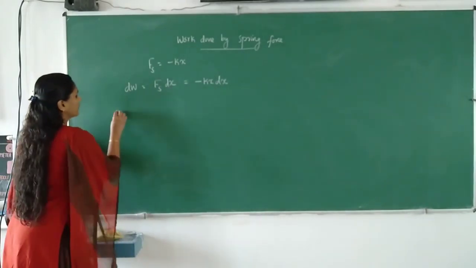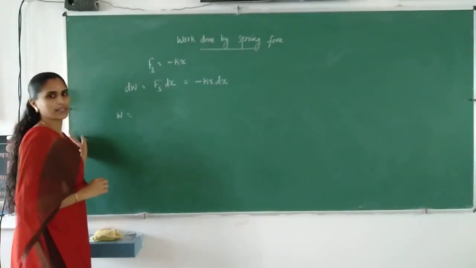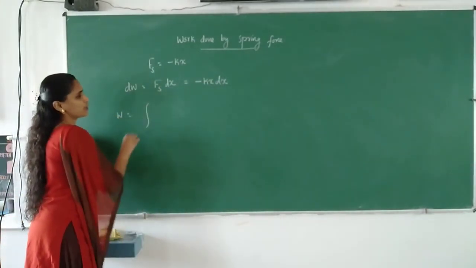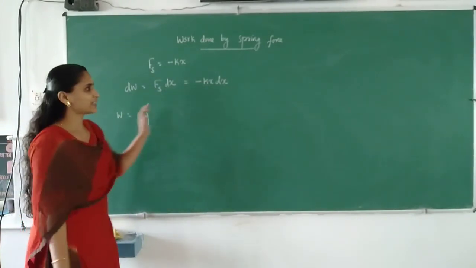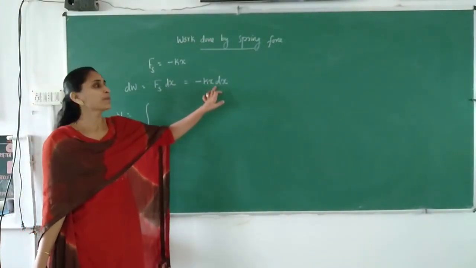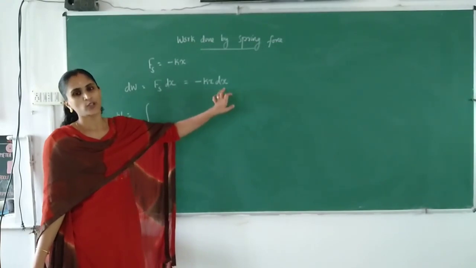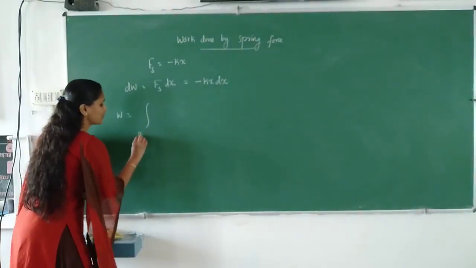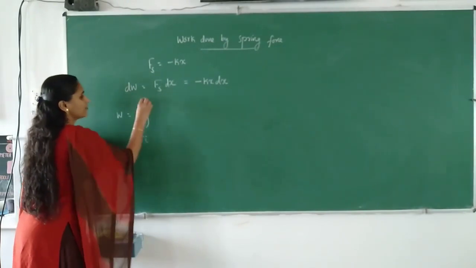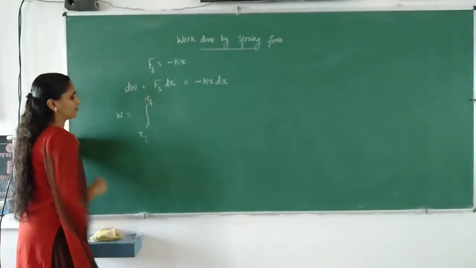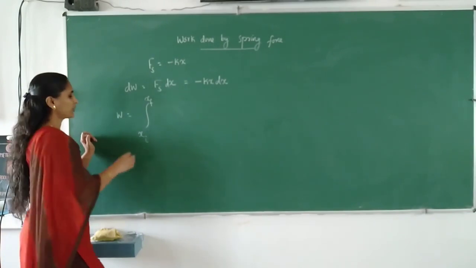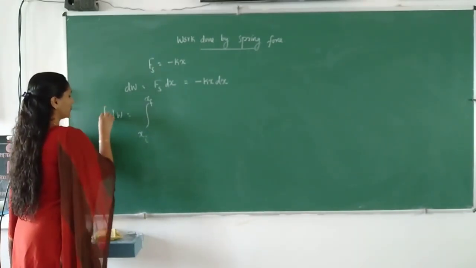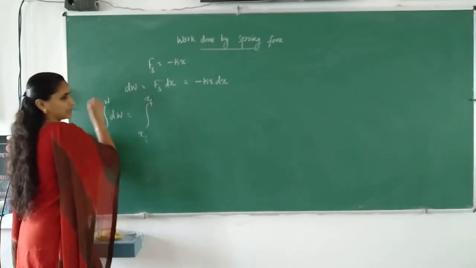The total work can be found by integrating. If the initial position is xi, here x is the variable, so we have to give the limits of x. The initial position is xi and the final position is xf, and on the left side we integrate from 0 to W, the total work.